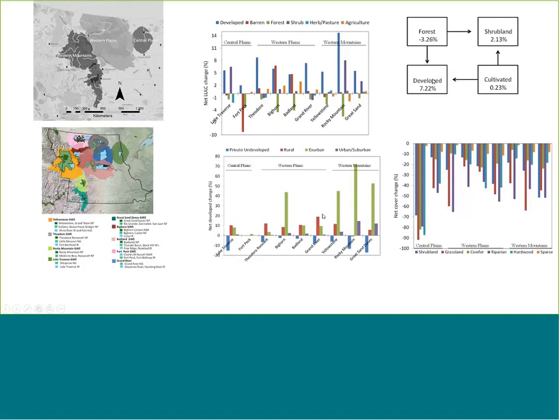And then these data represent land use classes based on housing density. This comes from Dave Theobald's work. And it's showing something important relative to conservation, a substantial reduction in private undeveloped lands. These are places of very low housing density.